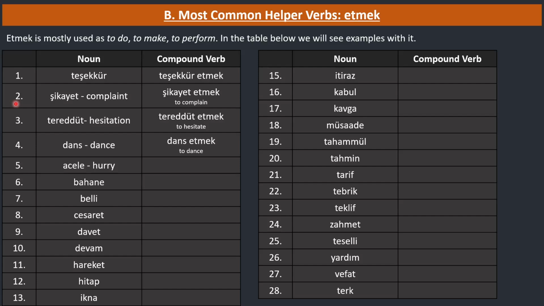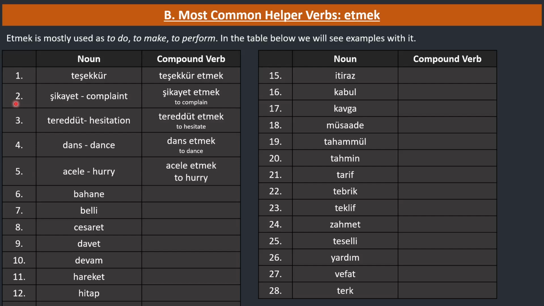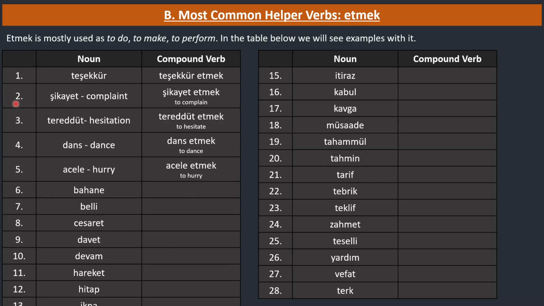Or if you are doing it, acele et, like hurry up, acele et. It's a bit similar with çabuk, like quick, çabuk ol, acele et, hurry up. So acele etmek, to hurry. To rush diyebilirsin. They are very similar.